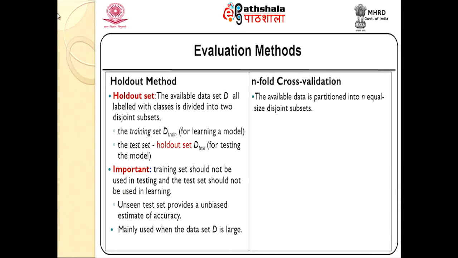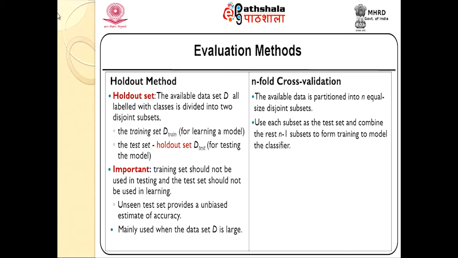Now, you have what is called n-fold cross validation. The available data is partitioned into n equal size disjoint subsets. So, suppose you have 1000, you may divide it into 200, 200, 200, and so on, 5 subsets. That means it becomes a 5-fold cross validation, and then use each subset to test and combine the rest of the n minus 1 for training.